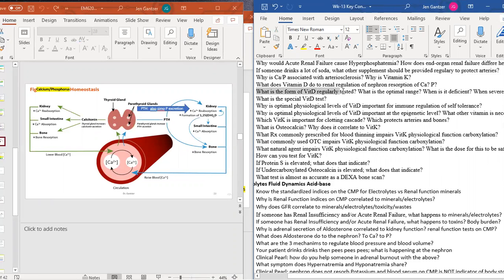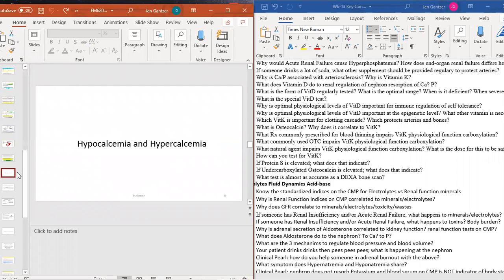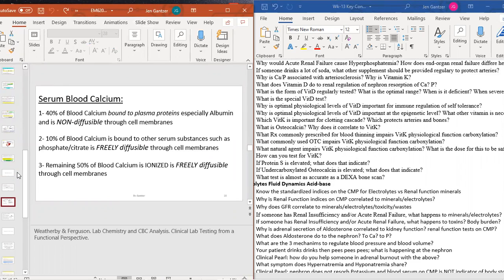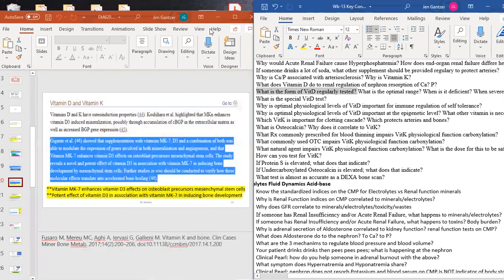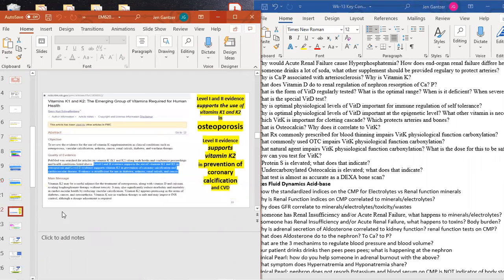Okay, so what is the form of vitamin D regularly tested? This is important because we want to make sure that we have the 25. That is the vitamin D that is typically measured.